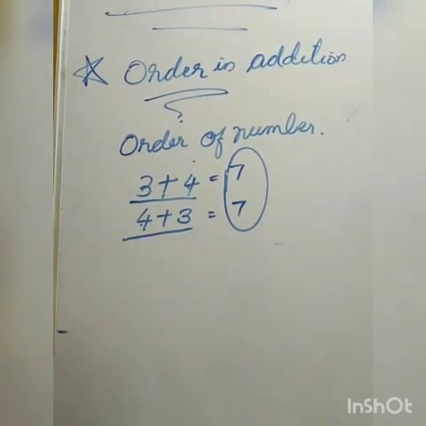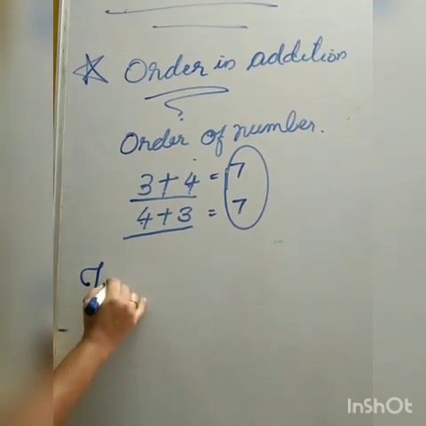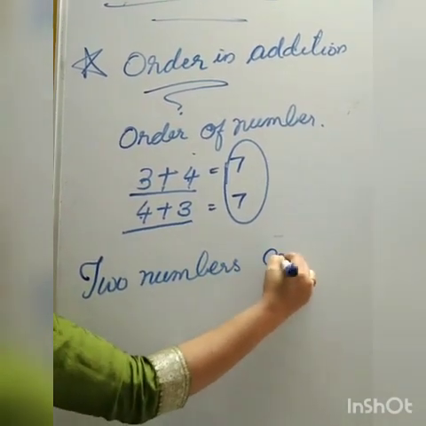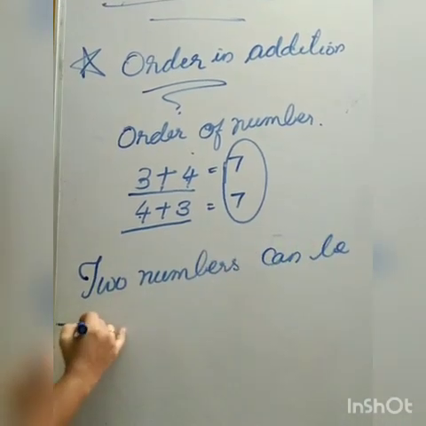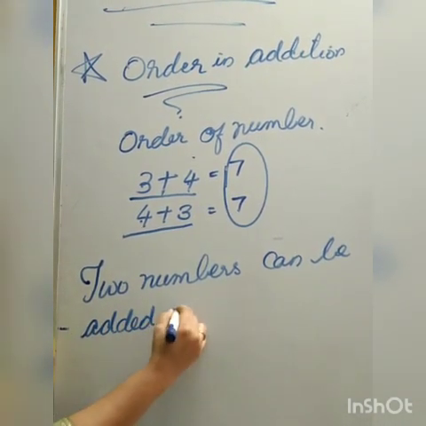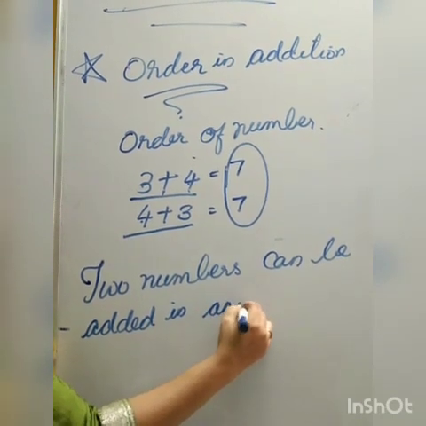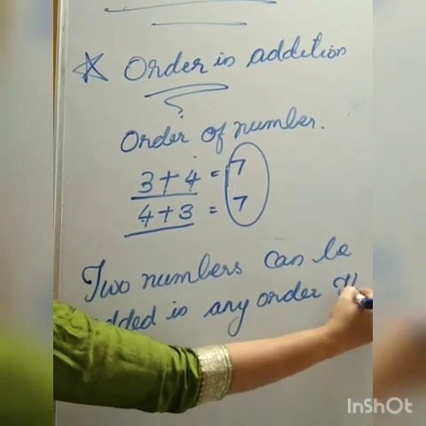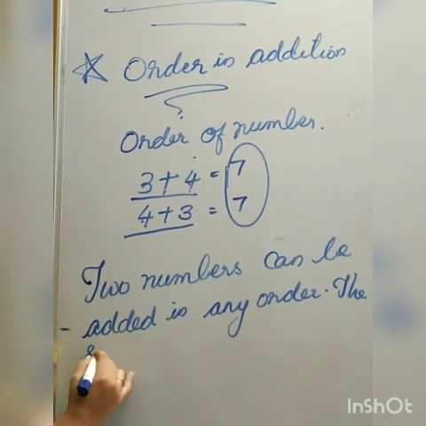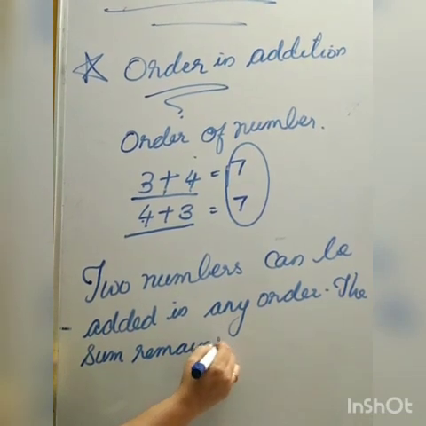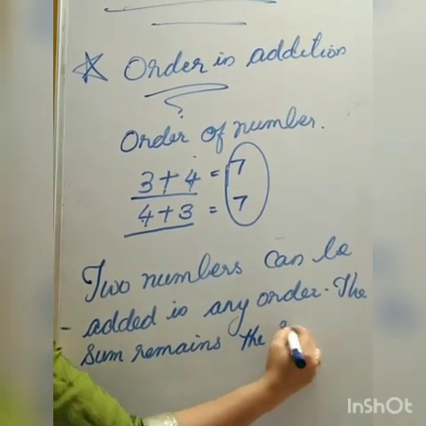That means two numbers can be added in any order. The sum remains the same.